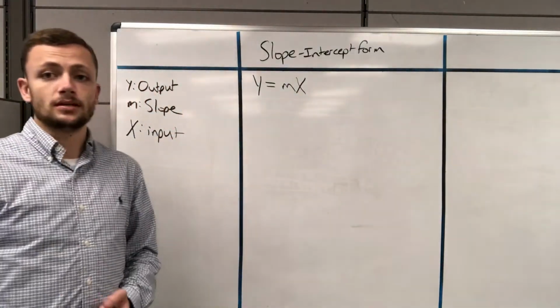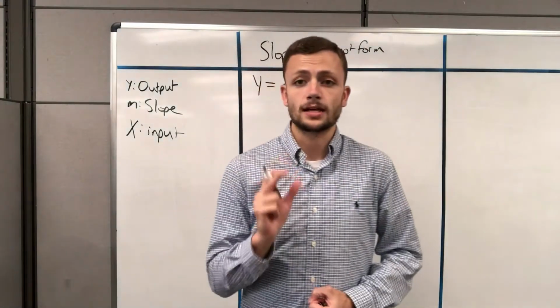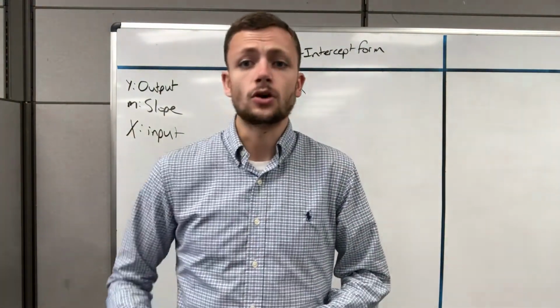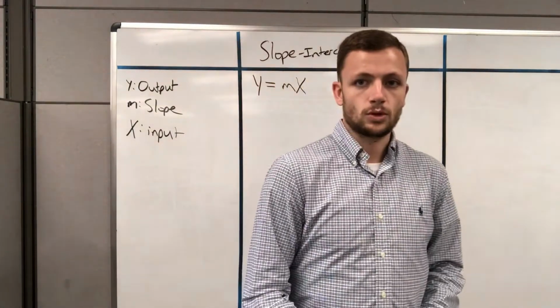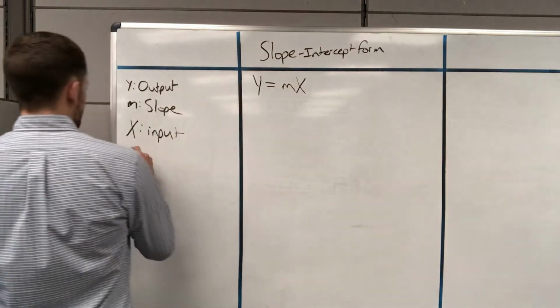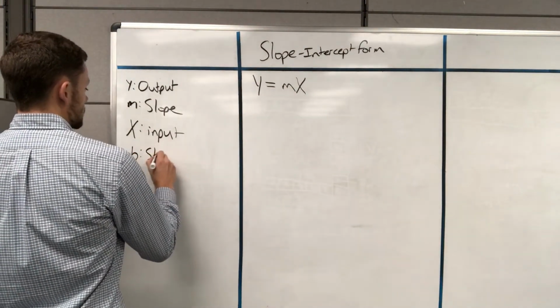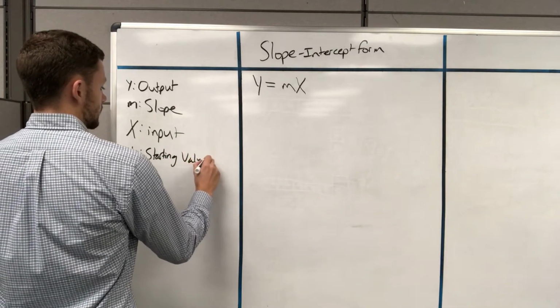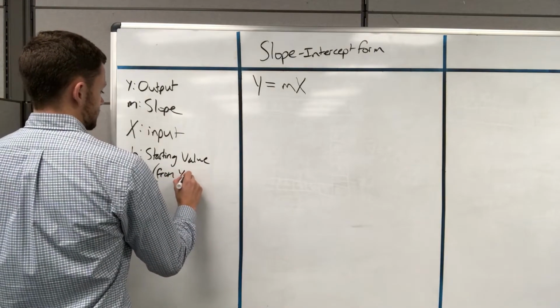And then we had b, which is our starting value. It's the y component of the xy ordered pair of our y-intercept. So just think, if I set x equal to 0, what's y going to be? So you have b, which is your starting value, which you get from your y-intercept.